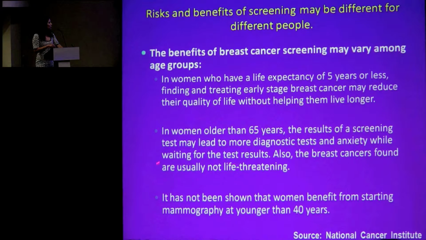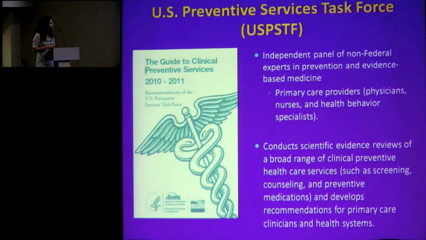Also, the breast cancers found are usually not life-threatening. This gives us information that maybe we shouldn't be doing screening on women of those ages and older. It has not been shown that women benefit from starting mammography at younger than 40 years, and this is also why evidence supports right now not screening among younger age groups.